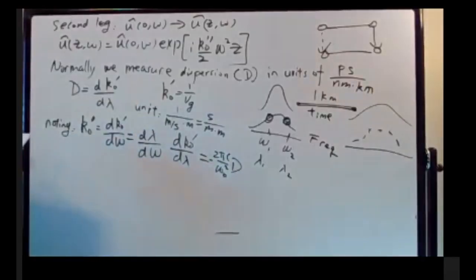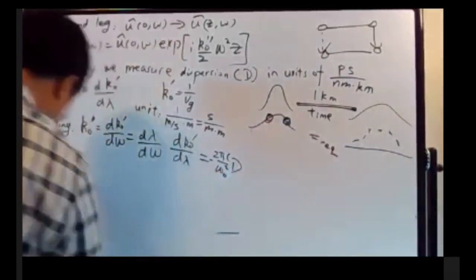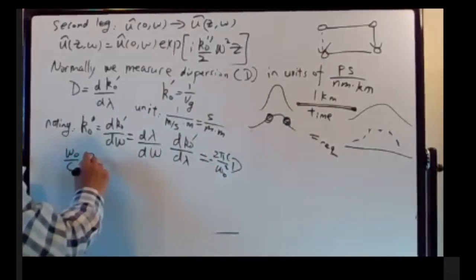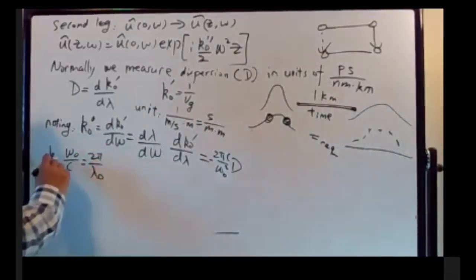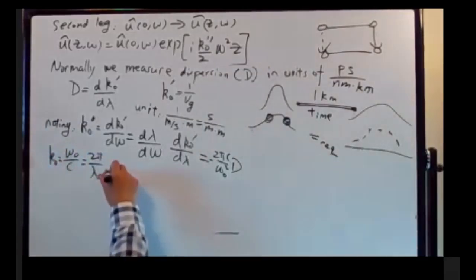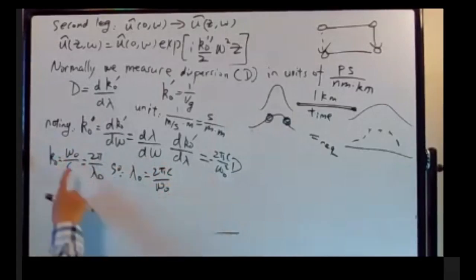Why is it the case? It is because omega naught over c is equal to 2 pi over lambda naught. This is the propagation constant, k naught, 2 pi over lambda naught, which is omega naught over c. So lambda naught is 2 pi c over omega naught, right? Moving lambda naught to the left-hand side, it is 2 pi c over omega naught.